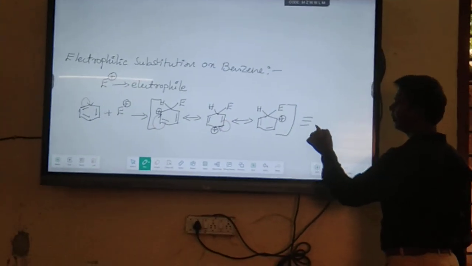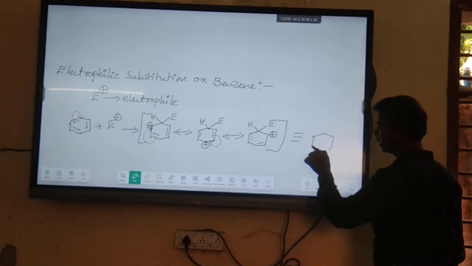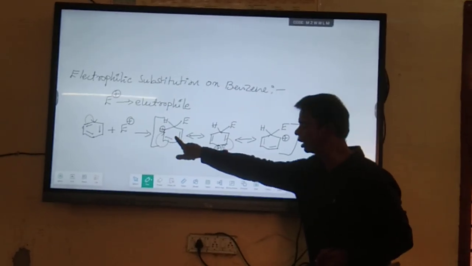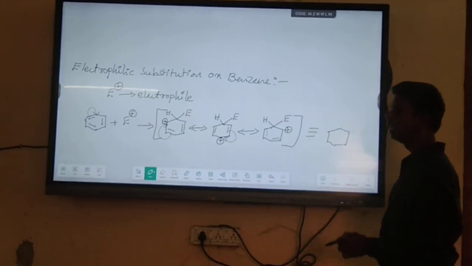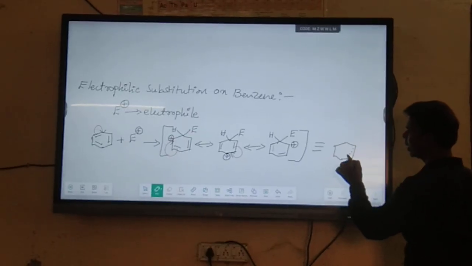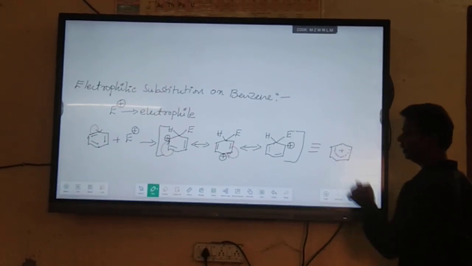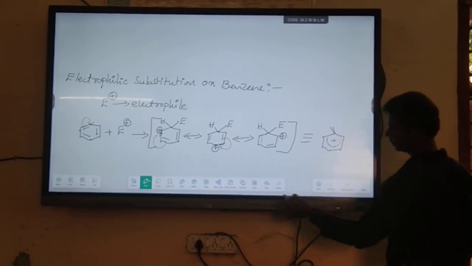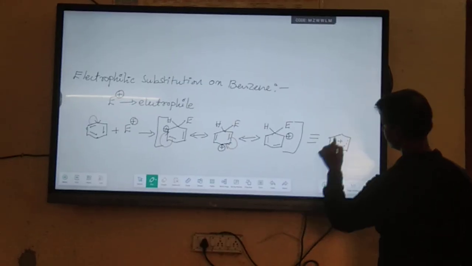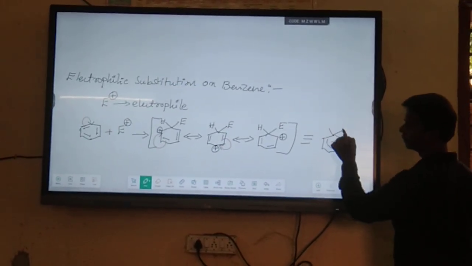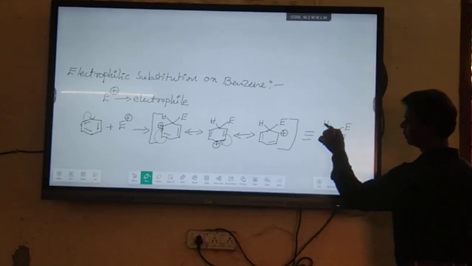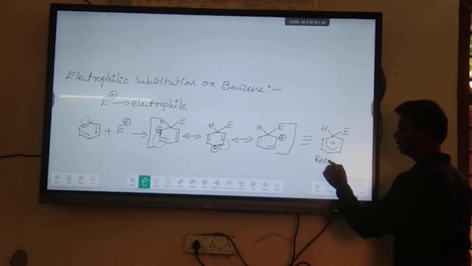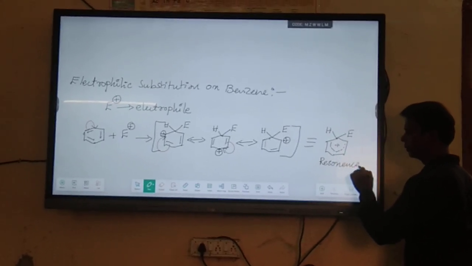And the resonance hybrid can be shown like this, with the delocalized positive charge. You have to write it as a positive charge in the benzene ring. This is called the resonance hybrid.